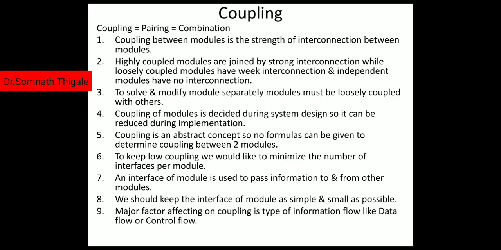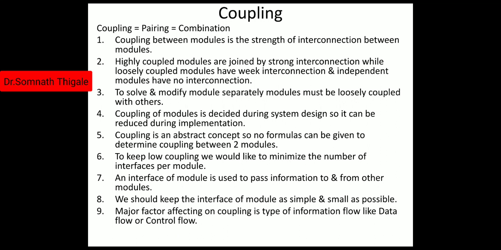Coupling is an abstract concept, so no formulas can be given to determine coupling between two modules. To keep low coupling, we would like to minimize the number of interfaces per module. An interface of a module is used to pass information to and from other modules. We should keep the interface of the module as simple and as small as possible.